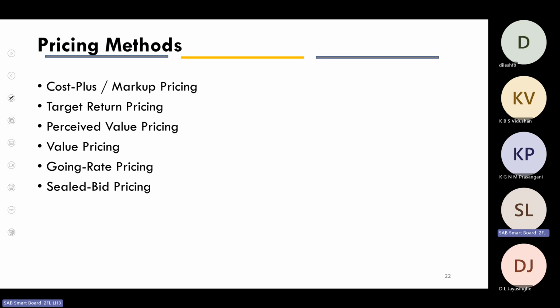Price. Then for that one, perceived value price. Which one? The last one.